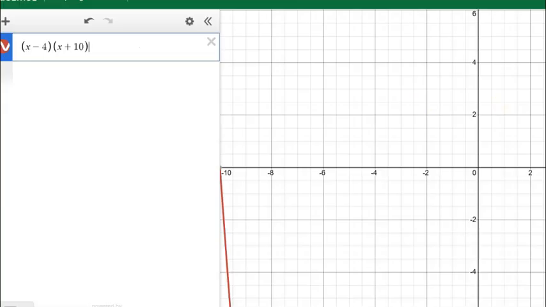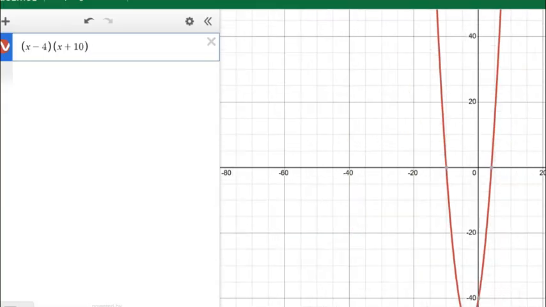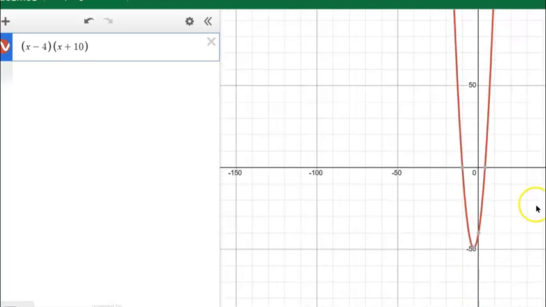And then what we're looking for is the 4 points. So we'll make this kind of small. So we got one here, it's the vertex. One here, y-intercept. Then we got 2 here. And we're going to use these 4 points to solve this problem.